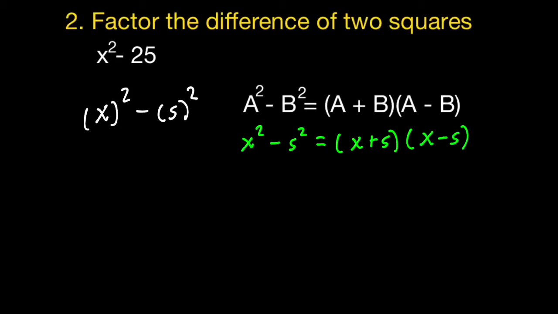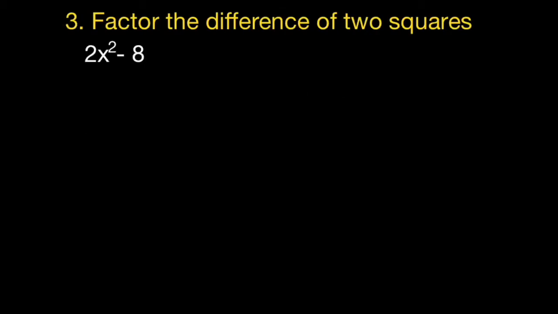Okay, let's amp up the difficulty just a bit with example number 3. Here, we're going to have 2x squared minus 8. Recall that in any factoring problem, the first thing that you should always try to do is to see if you have a greatest common factor between your terms. And in this case, we do. The 2 and the 8, we can factor out a 2.